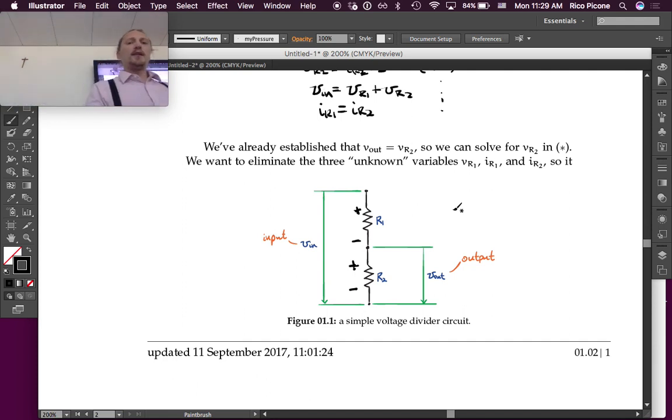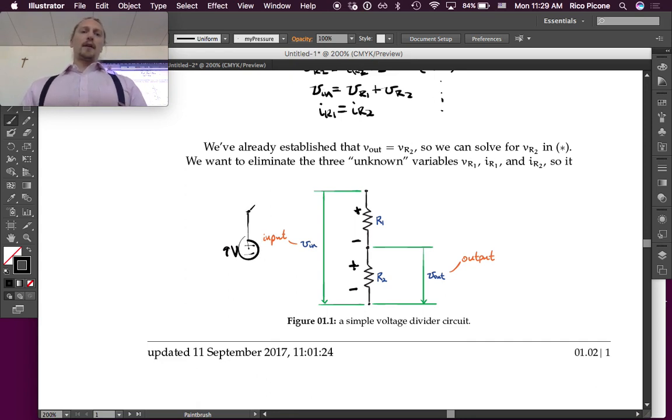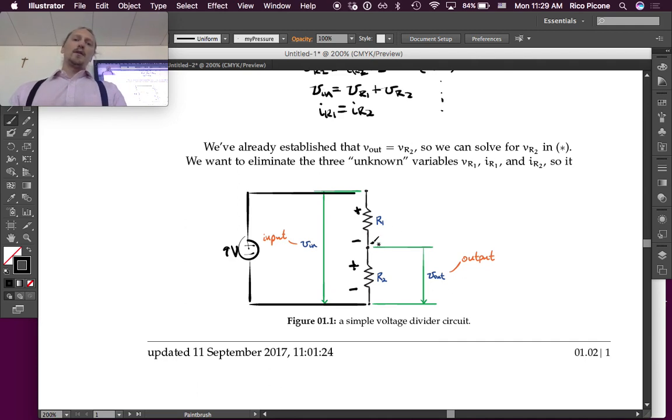The idea would be that we're going to use this circuit. Say we had a 9-volt battery connected up to this. And you're like, okay, I want to get out 5 volts. So I'll put these resistors in here and figure out what their ratio needs to be so that my output voltage here, which I'm going to connect to some load, is what I want.